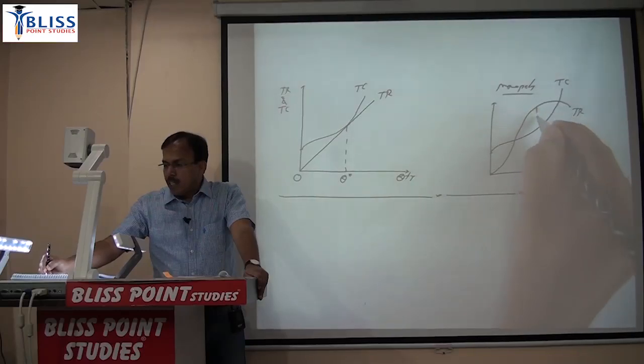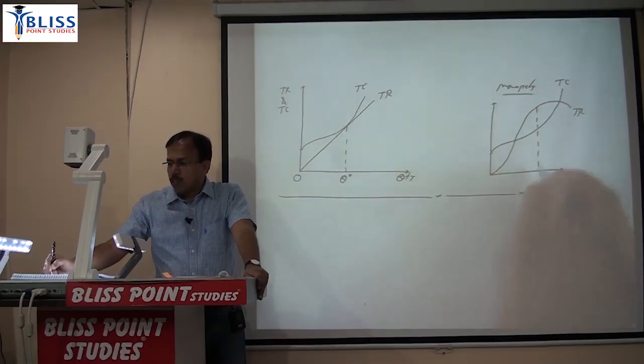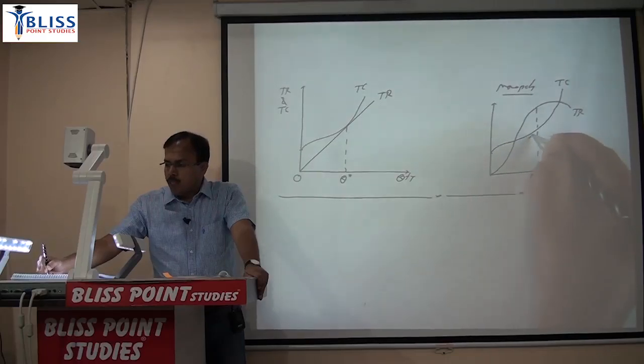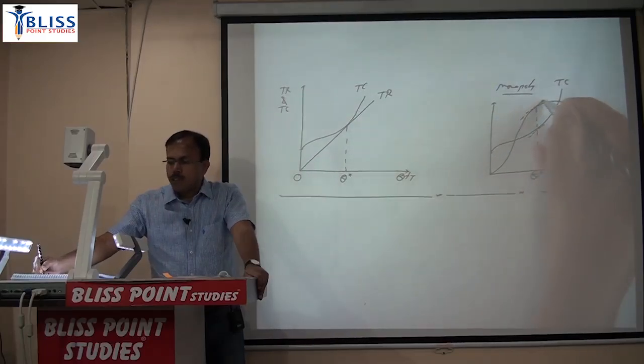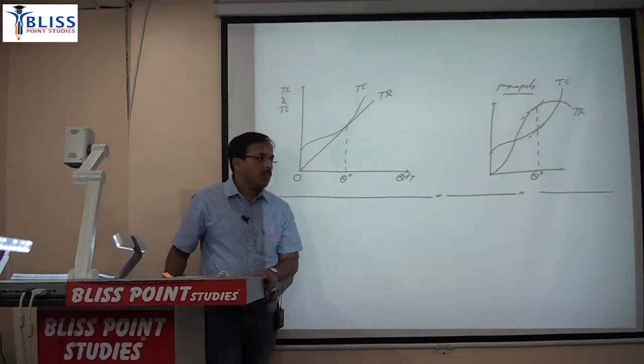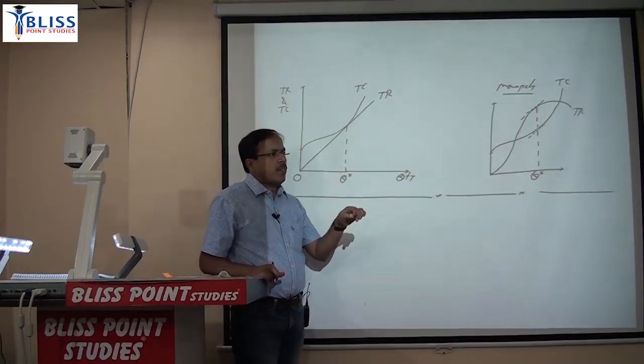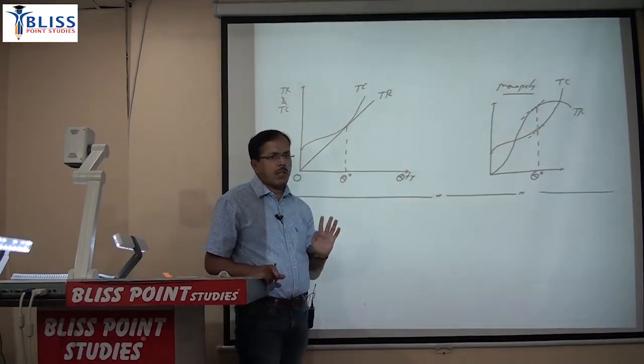The gap between TR and TC has to be maximized. So this is the quantity where your profit gets maximized, and slope of TC equal to slope of TR. MR equal to MC भी होगा. So that will be the only differentiating factor. Monopoly में line straight नहीं बनानी है.